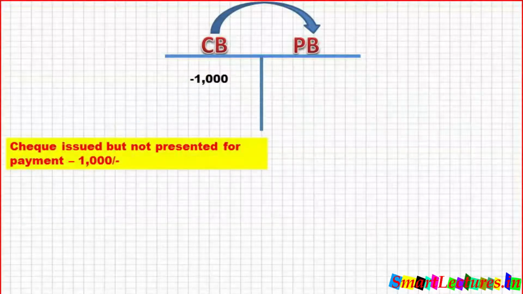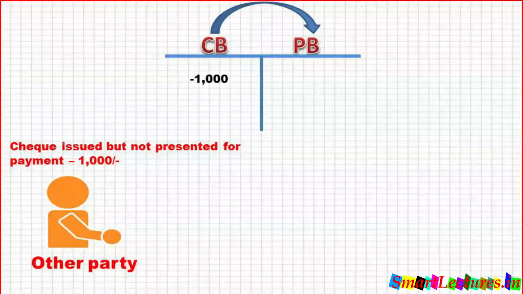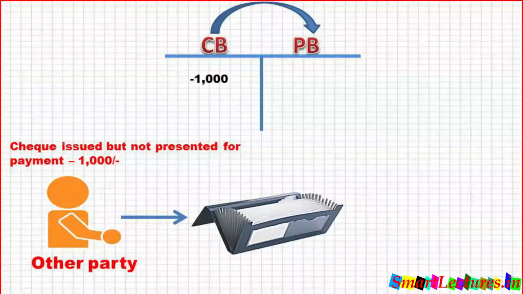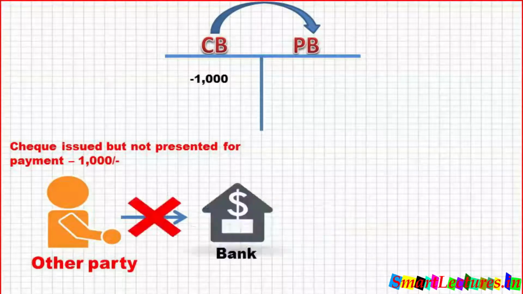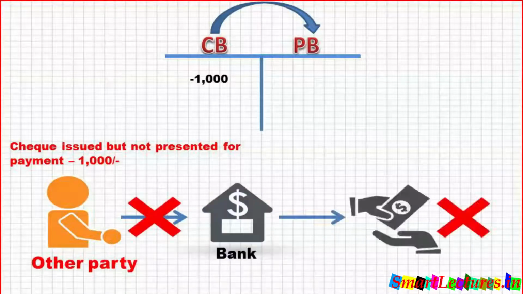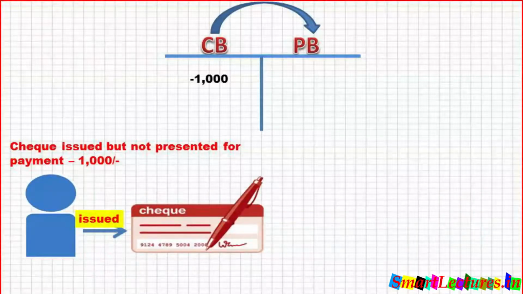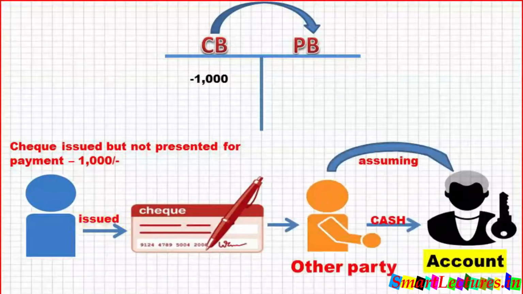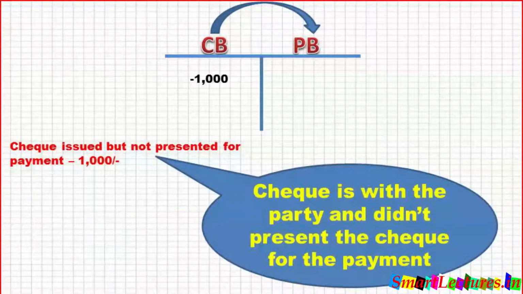But that check was not presented for payment. It means the party is still keeping the check in his pocket. If the party doesn't go to the bank, the bank will never pay. So the meaning of this is that we issued the check and we were assuming that the party has taken cash from our bank account, but the fact is the check is still with the party and the party didn't go to the bank, meaning didn't present the check for payment.